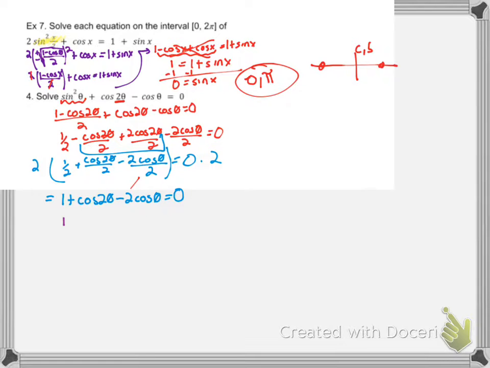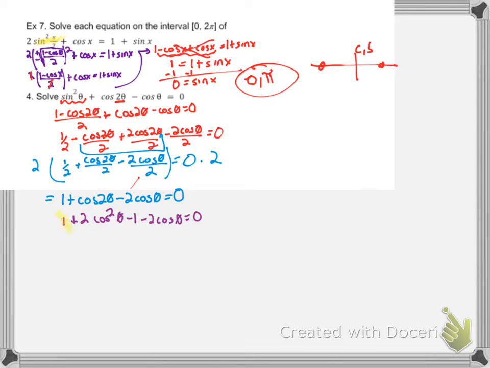Sorry guys, I'm looking at what I'm doing to make sure I'm not leading us astray. Give me a minute to look at my identity real quick. Okay, sorry guys, I'm back. So I can replace this with 1 plus 2 cosine squared theta minus 1 minus 2 cosine theta equals 0.